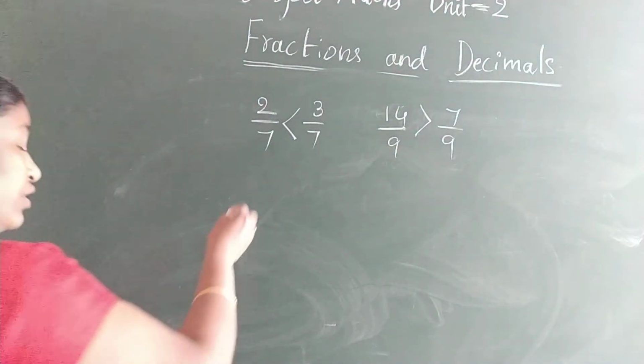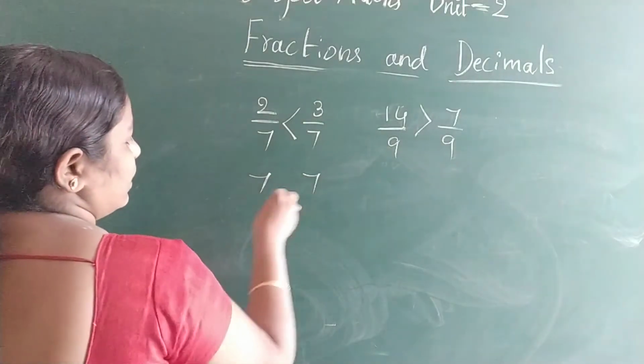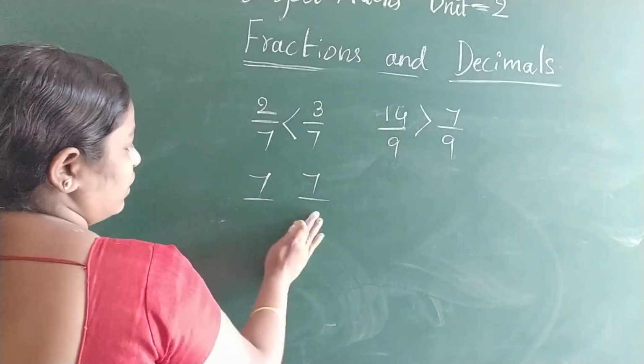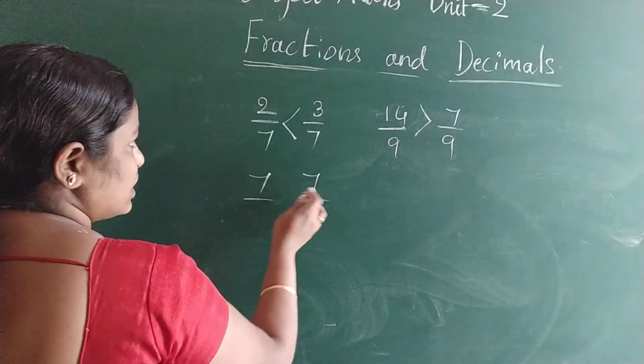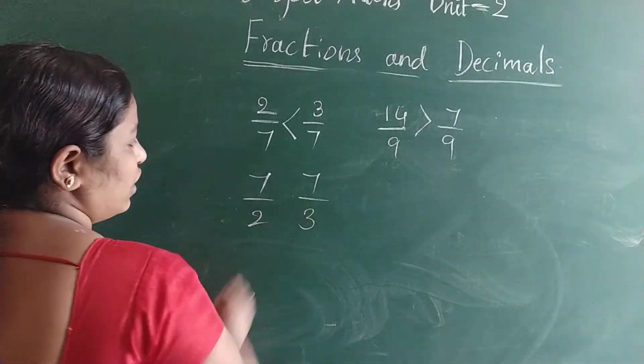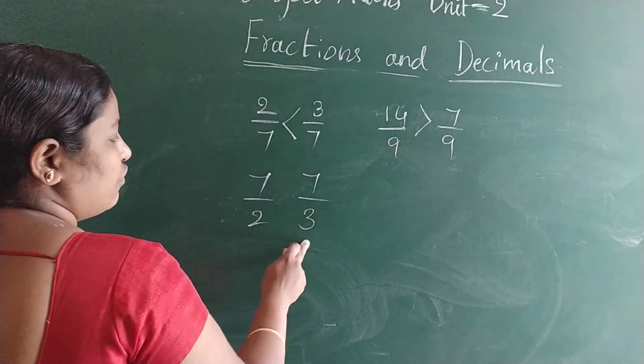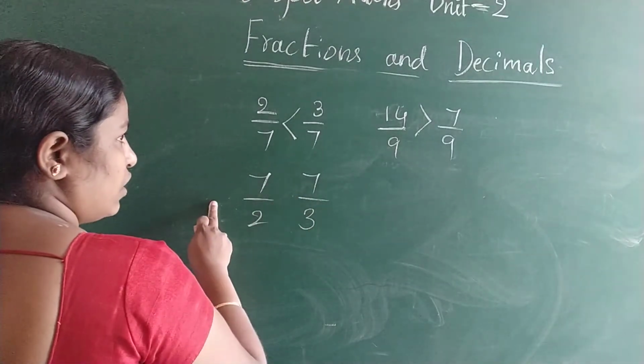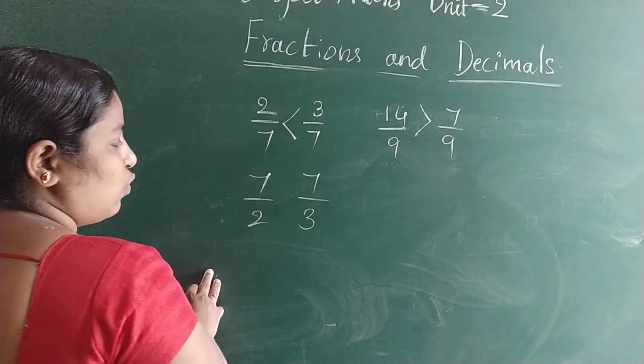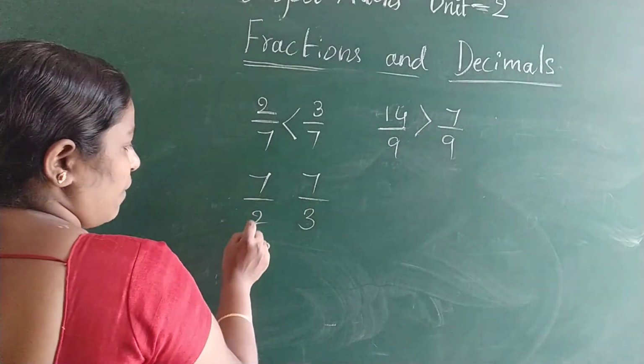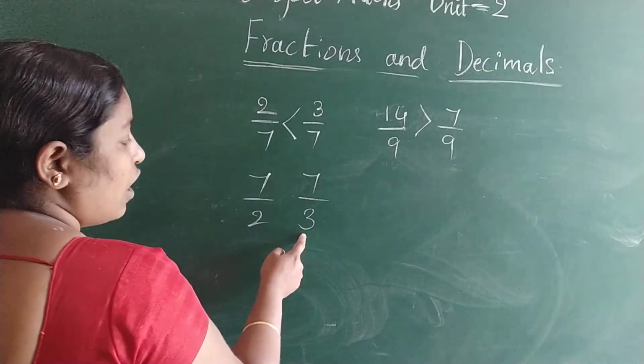Understood? If the numerators are the same, for example 2 by 3, where the denominators are different and the numerators are the same, how will you compare? You should compare the denominators.